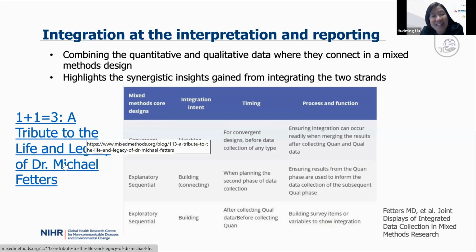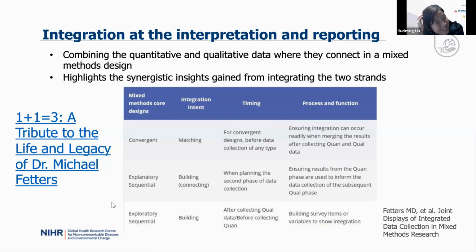In looking up mixed methods, I actually did a presentation, or I've met Dr. Michael Fetters. I don't know if those who know mixed methods know him, but Michael Fetters and Creswell really led mixed methods research at the University of Michigan, and a lot of that wording around mixed methods research and its advancement. And I just want to highlight, as a tribute, that he passed away a couple of years ago, but that's a tribute to his life and his legacy for mixed methods research, and we continue to build on that in our work.